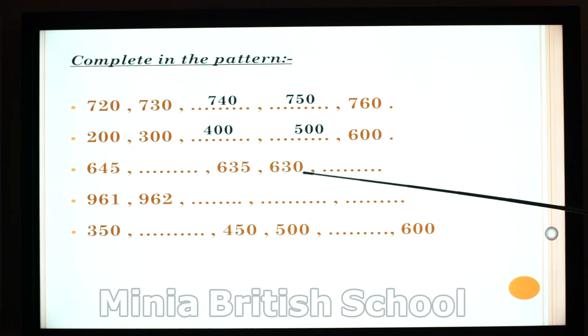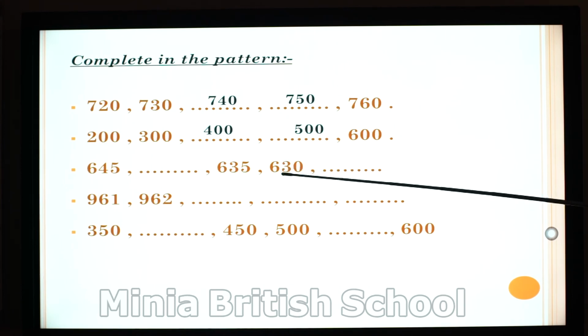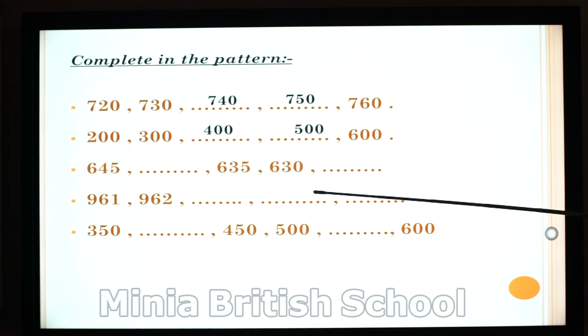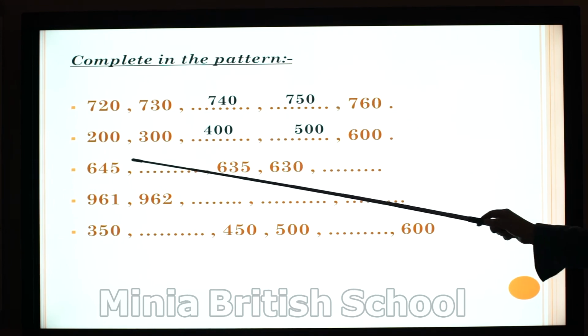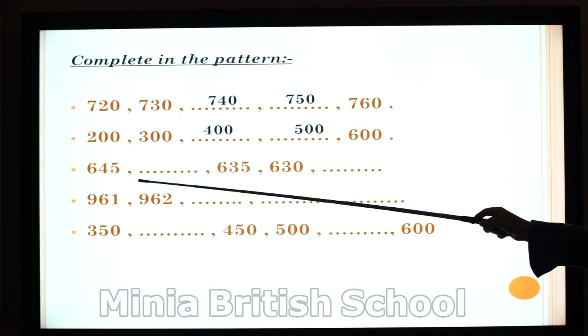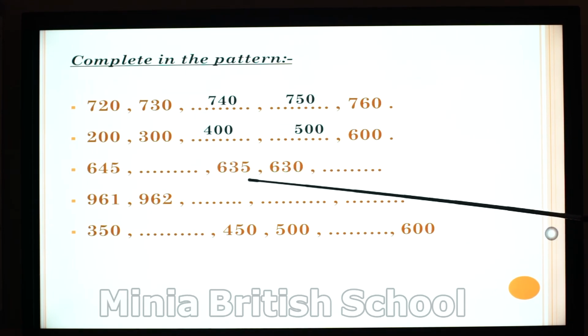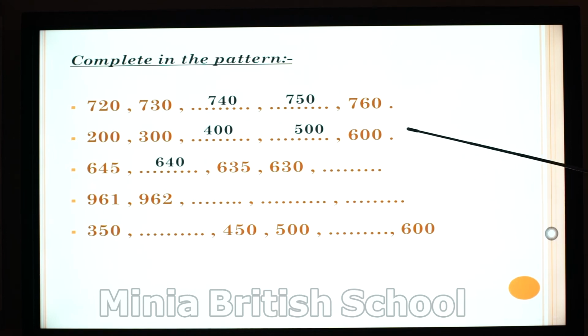Look at these two numbers. 635. It will be 630. Here, I took 5 from this number. So you have to take 5 from each number. Here 645, take 5, it will be 640, 635, 630, take 5 from 630, it will be 625.